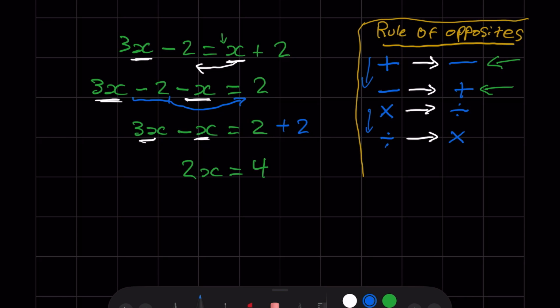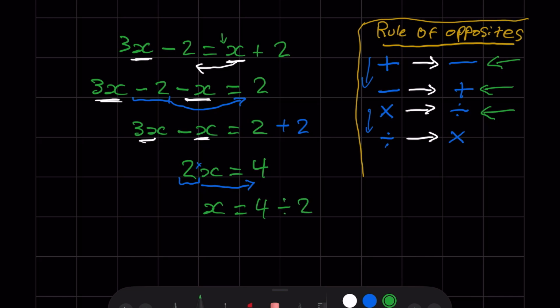Now the final step, we've got this 2 here with this x that we don't want. We want to move this 2 over. What operation is the 2 performing on the left here? It is performing a multiplication. So when we move it over, we will do a division. So we can write x equals 4 divided by 2.